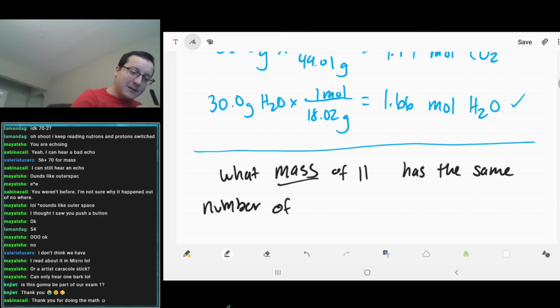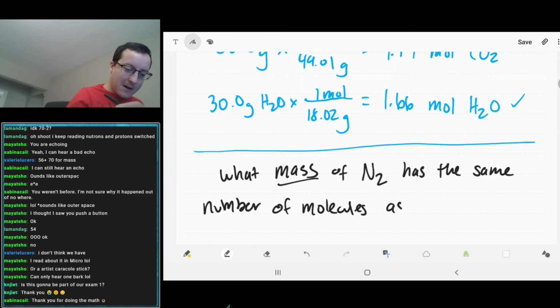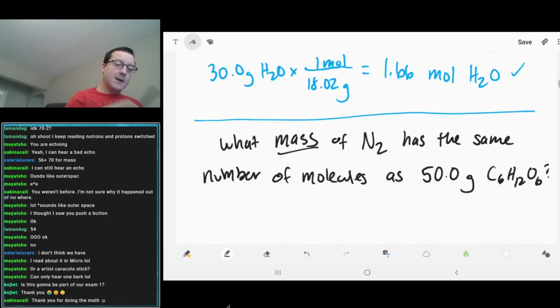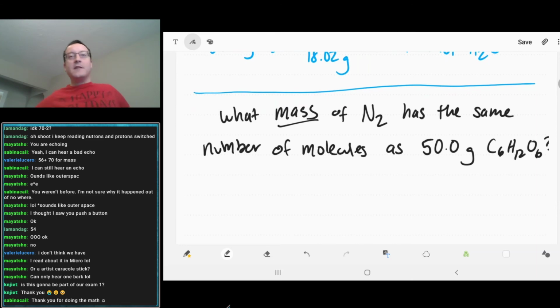No. How about nitrogen? Yeah, nitrogen gas, that'll work. What mass of nitrogen has the same number of molecules as... oops. Let's see if we can work on this one. Our last problem of the day.